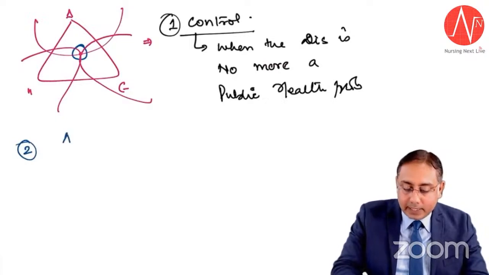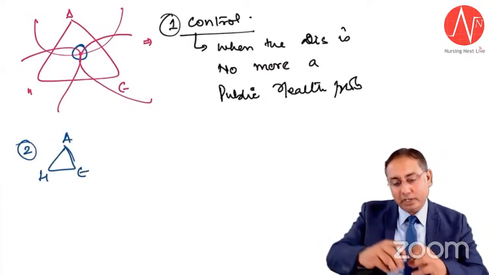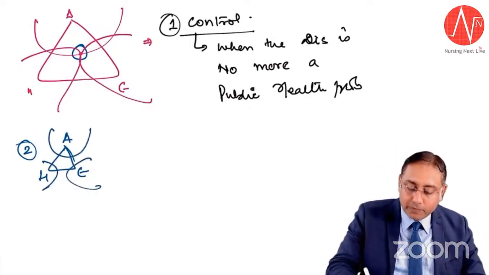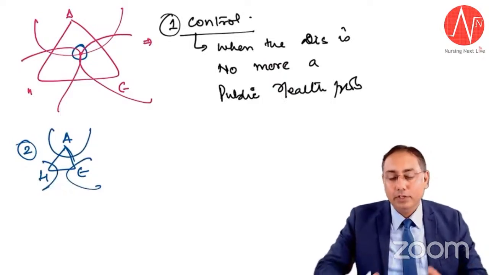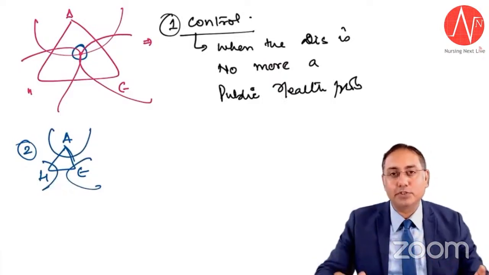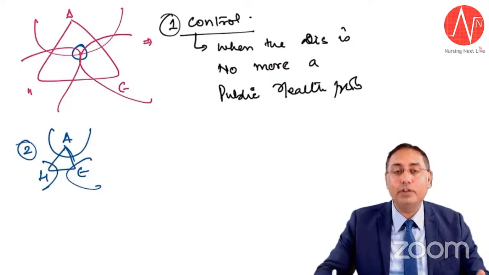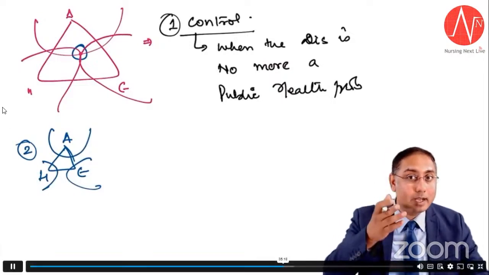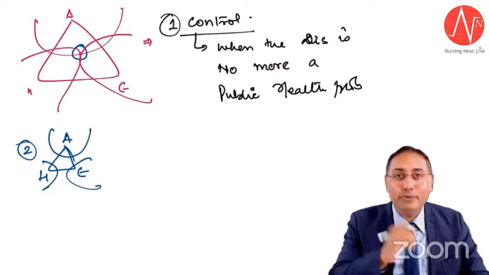Point number 2. Let us say there is agent, host, environment, and in the process of pulling back the agent, the host, and the environment, now there is no more interaction. You've already cut the chain of transmission. Will there be new cases? Mark the language that I'm saying. Will there be new cases?